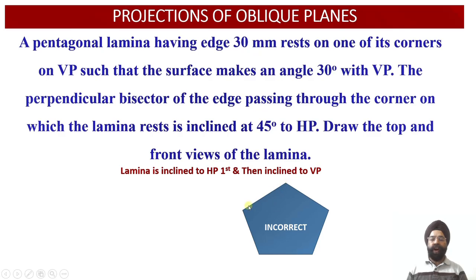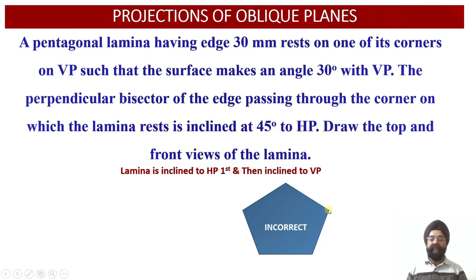Now if we draw the pentagonal lamina in this orientation and then incline this lamina with respect to the vertical plane either this way or this way, the lamina will be resting on the vertical plane either at this corner or at this corner. But in this case, once we join this corner with the midpoint of the opposite edge, we are going to get an inclined edge over here, either this way or this way, which is inappropriate.